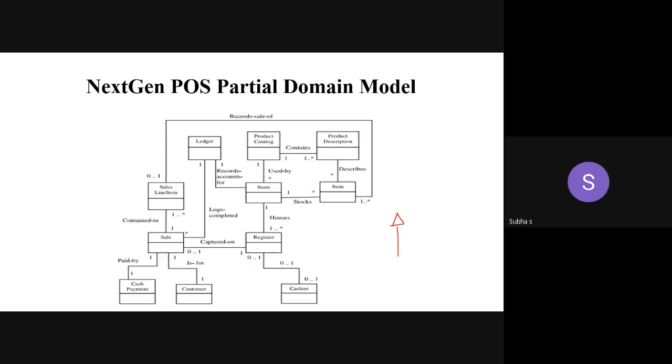Assume that you are having some class called payment. So I can draw here, just bear with my handwriting. So now you can have three different specializations or specifications.